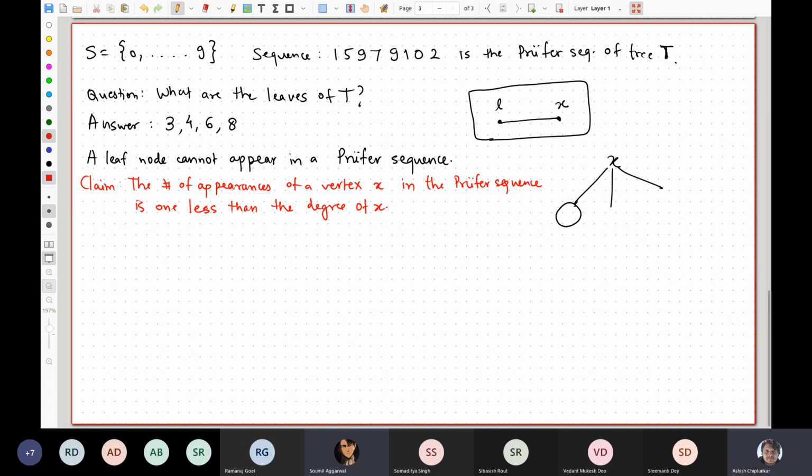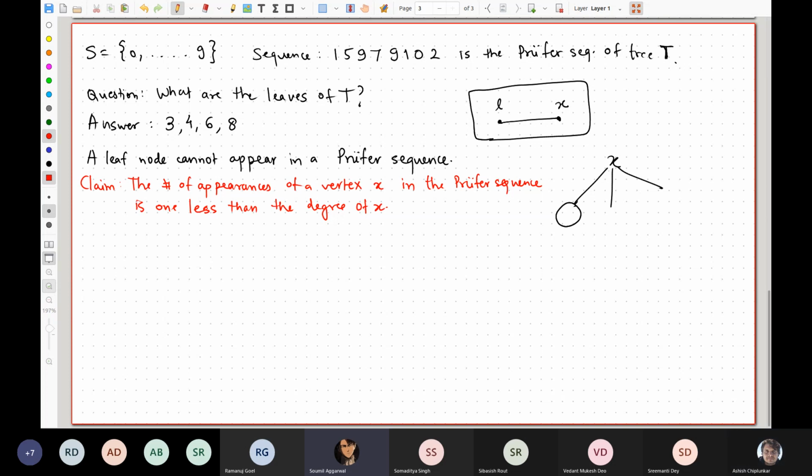So whenever you remove a leaf, the leaf is removed and the degree of its neighbor is decreased by 1, and for all the other vertices, the degrees remain the same. Correct. And we know that finally every vertex is either removed or it remains in the last edge, in which its degree is 1.